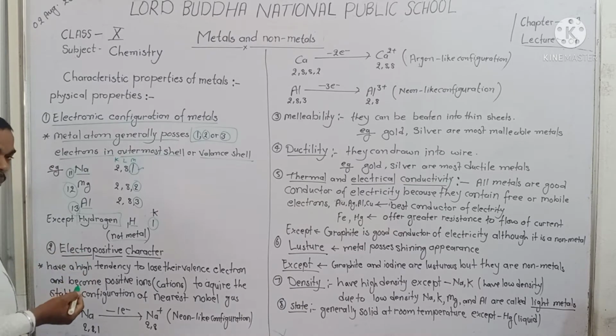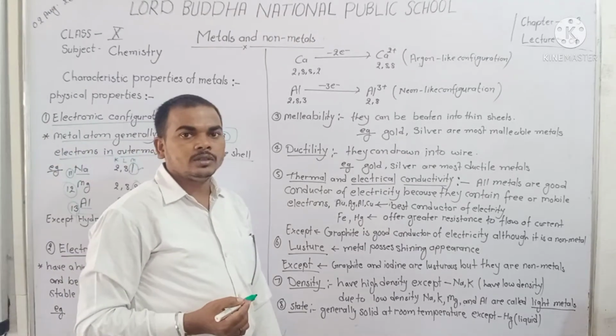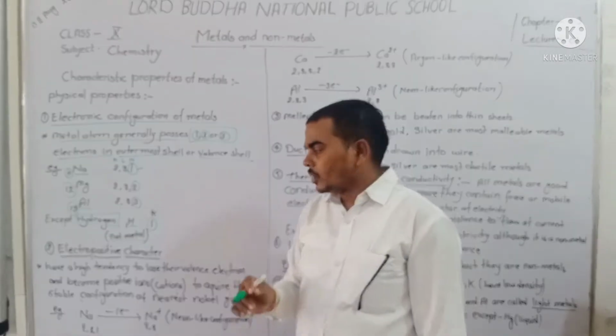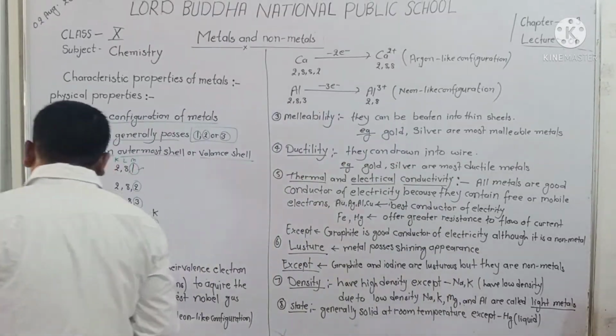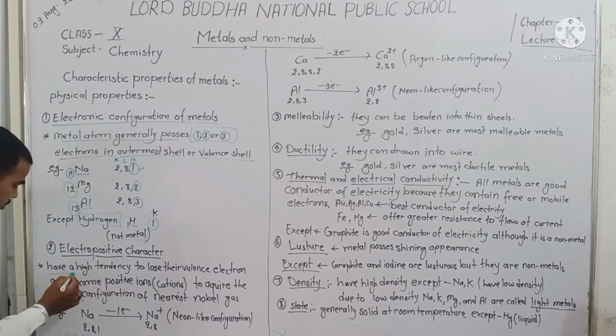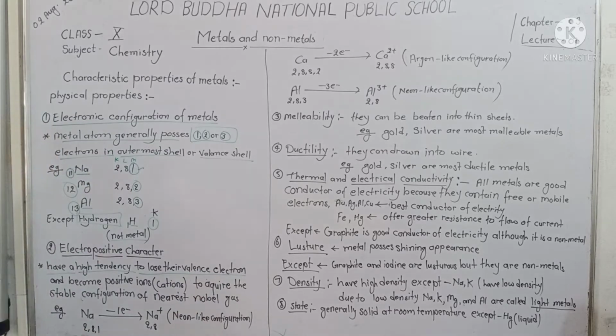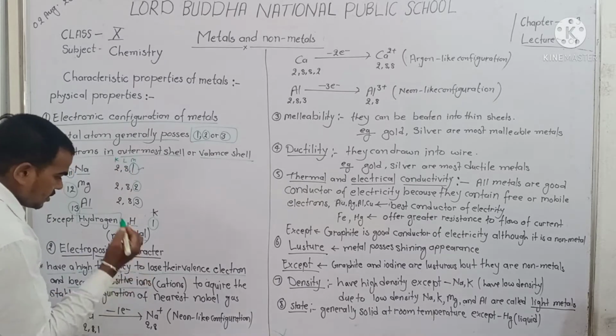Okay, student. Now discuss. Dear student, the second property of metals is the electropositive characteristic. Metals have a high tendency to lose their electrons which are present in the outer cell, and become positive ions.